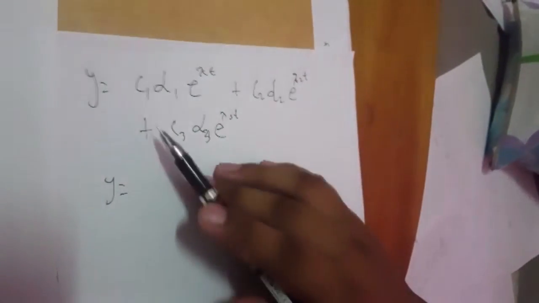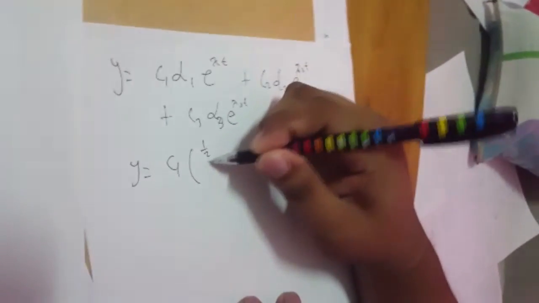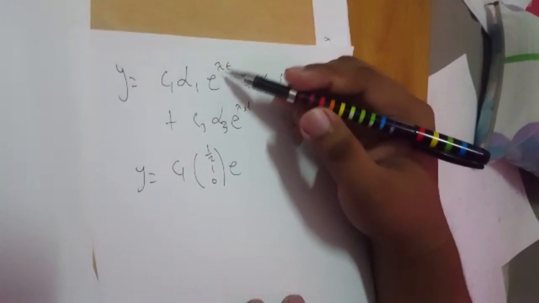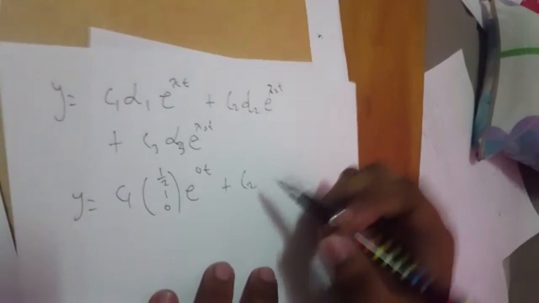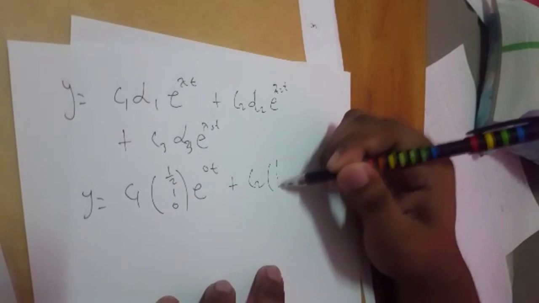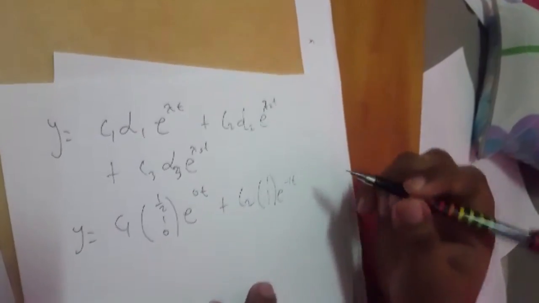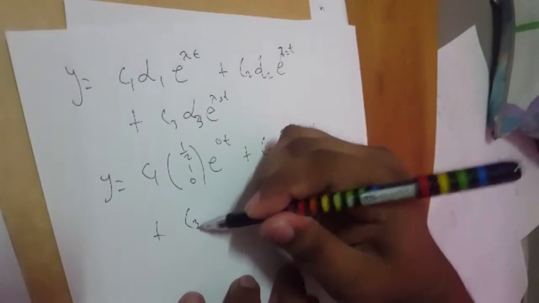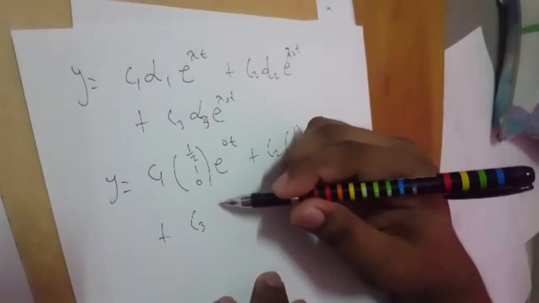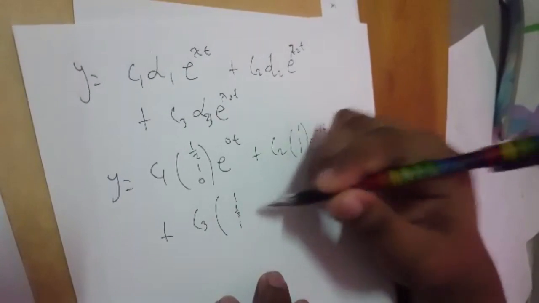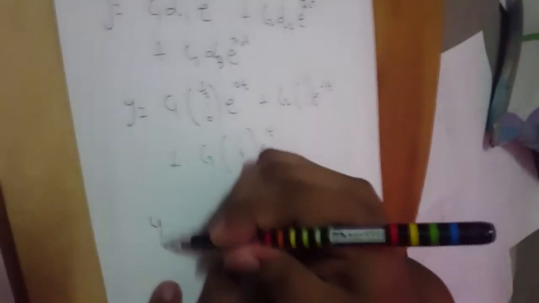Using our eigenvalues and eigenvectors, we have c1 times 1/2, 1, 0, e to the 0t, since our first eigenvalue is 0, plus c2 times 1, 1, 1, e to the -1t, plus c3 times 1, 1/3, 1, e to the 1t. So we simplify this equation.